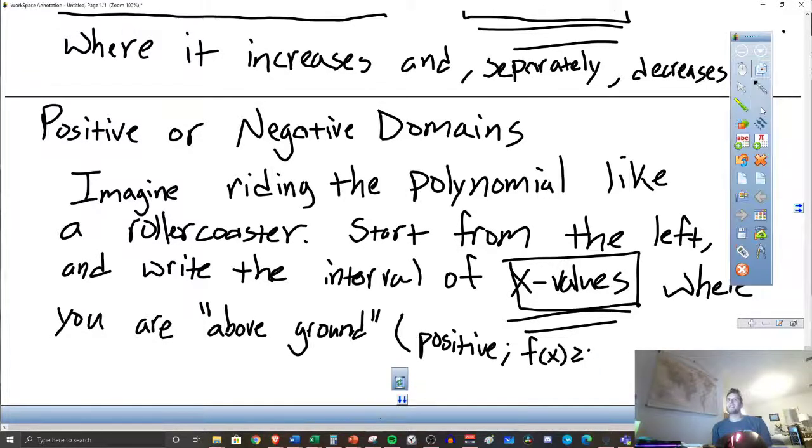Sort of three things to keep in mind here with this. So positive, greater than 0, or above the x-axis is really what we're trying to get for.